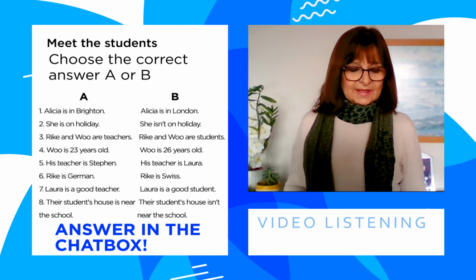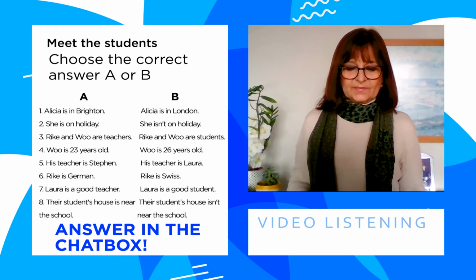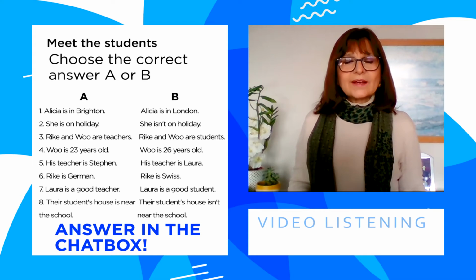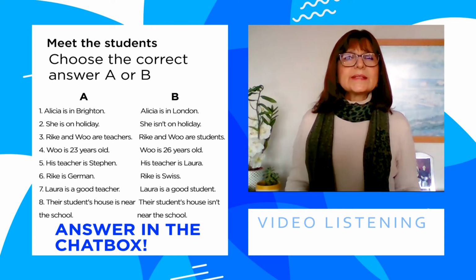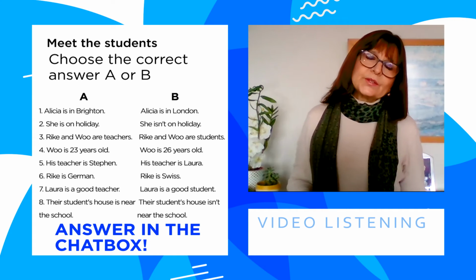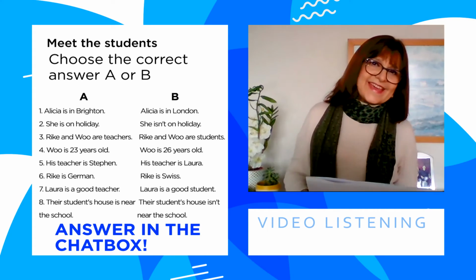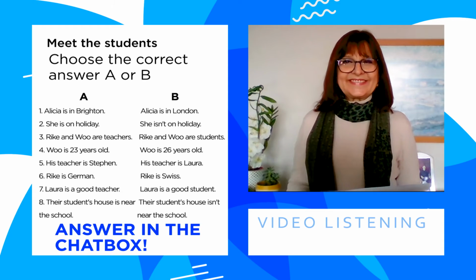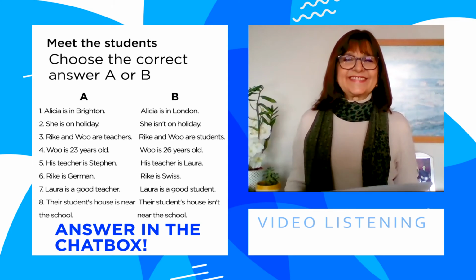7. Laura is a good teacher. Laura is a good student. Is Laura a good teacher or is she a good student? A or B? Think and write it in the chat.